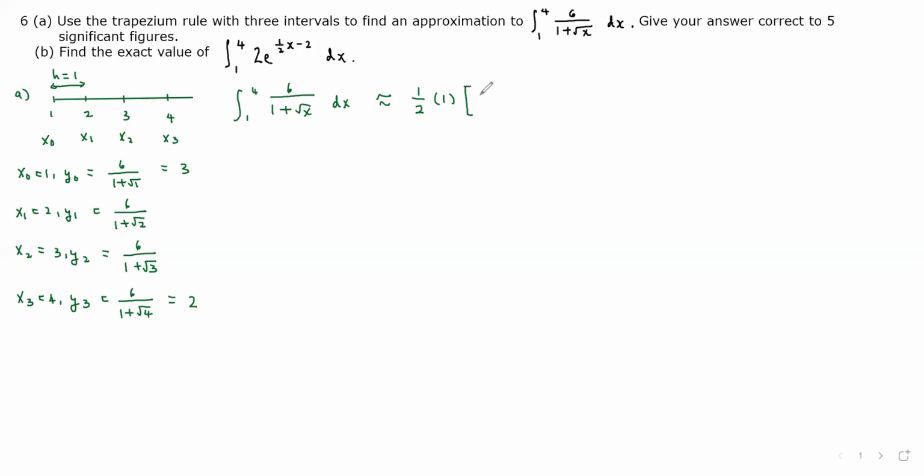We take the first y value plus 2 times the second and the third one. We have 6 over 1 plus root 2 plus 6 over 1 plus root 3 and add to the last value, which is a 2. To 5 significant figures, this is 7.1814.